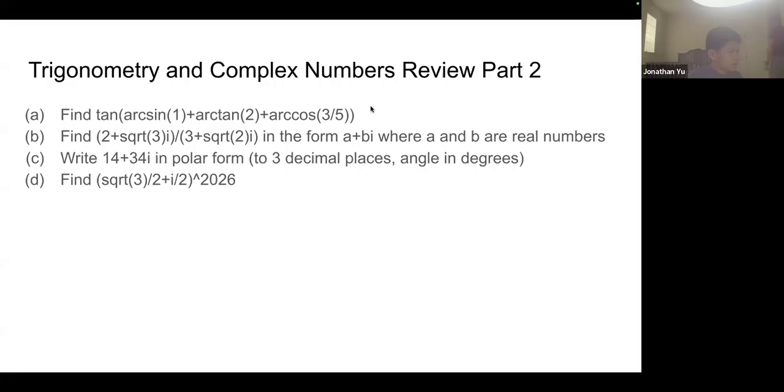So this is more review of trigonometry and complex numbers. So let's start with part A then.